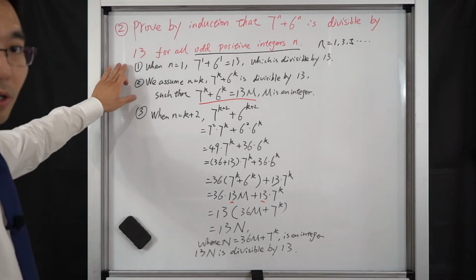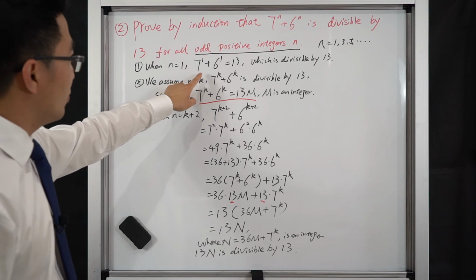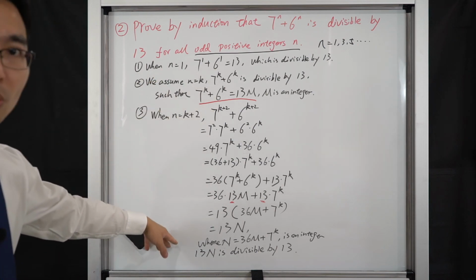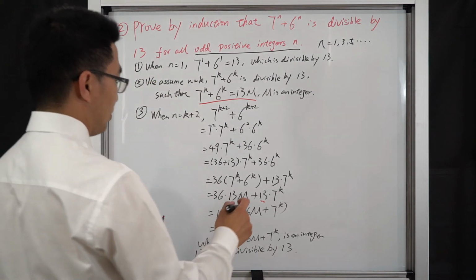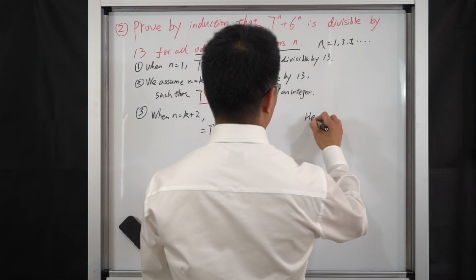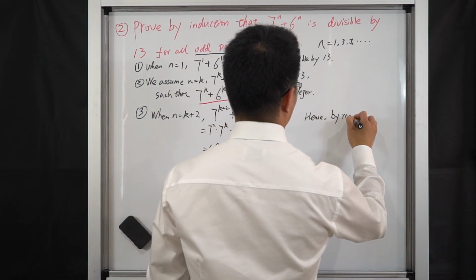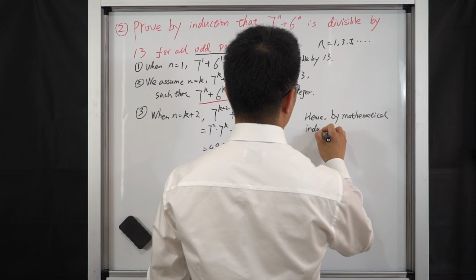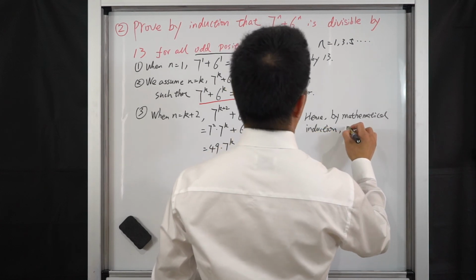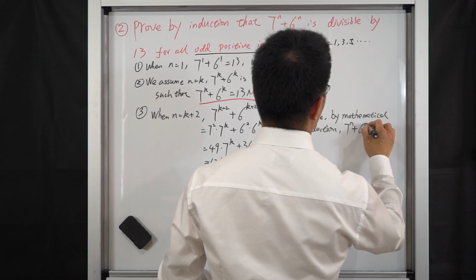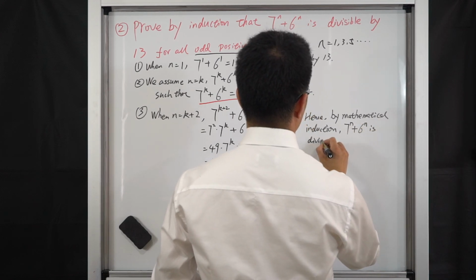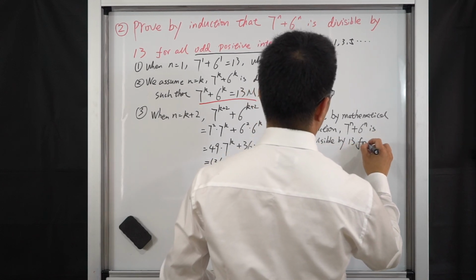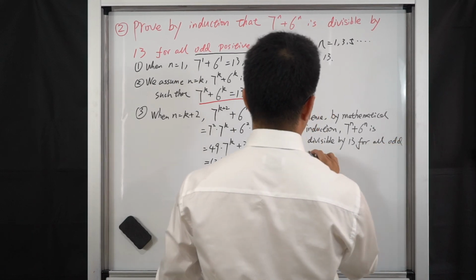Okay, so in these three steps, we have proved 7 to the power of n plus 6 to the power of n is divisible by 13 for all the odd positive numbers, right? Then we can make a conclusion. Hence, by mathematical induction, 7 to the power of n plus 6 to the power of n is divisible by 13 for all the odd positive numbers.